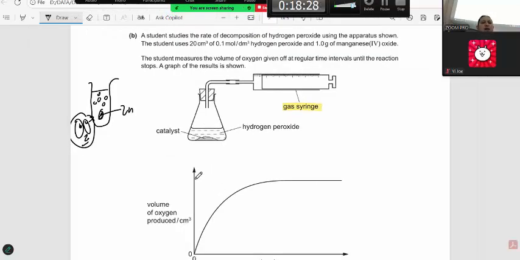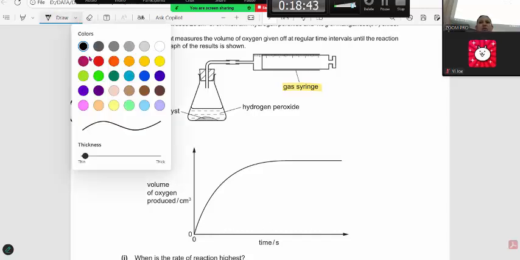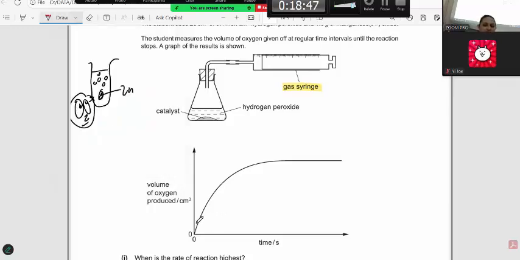So in the result, I will always get this kind of graph. Here is the volume of oxygen or hydrogen or whatever that is produced, and this is time. As you can see, in order to measure the rate, you see the steepness of the graph, the gradient. At the start, the reaction is very, very fast.